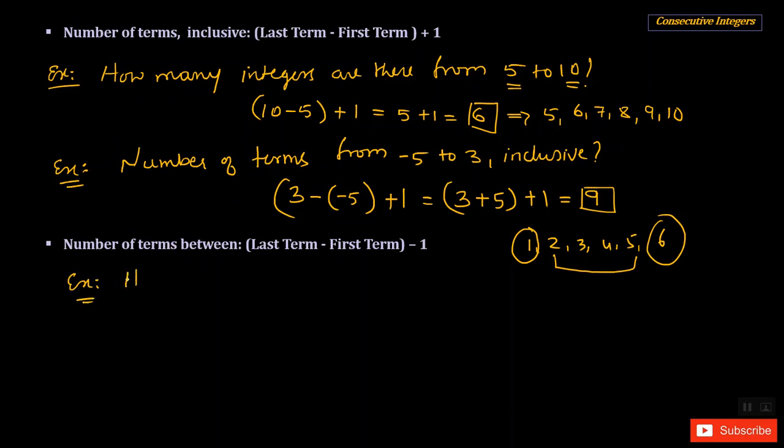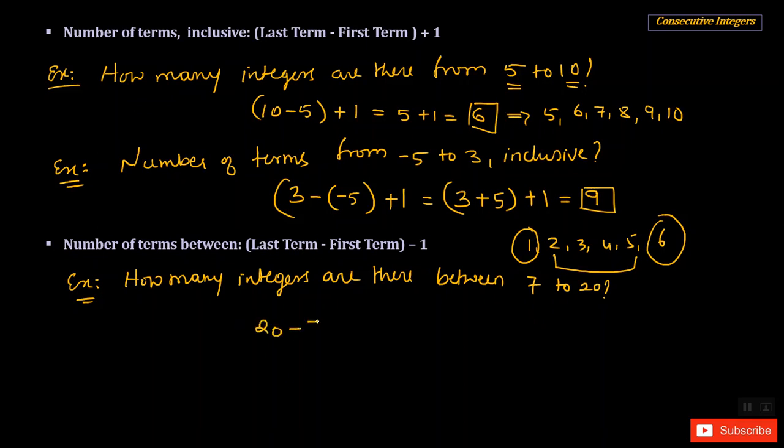How many integers are there between 7 and 20? Let's take this as an example. So I have to exclude 7 and 20. The rule is: last term 20 minus the first term 7 minus 1, right?